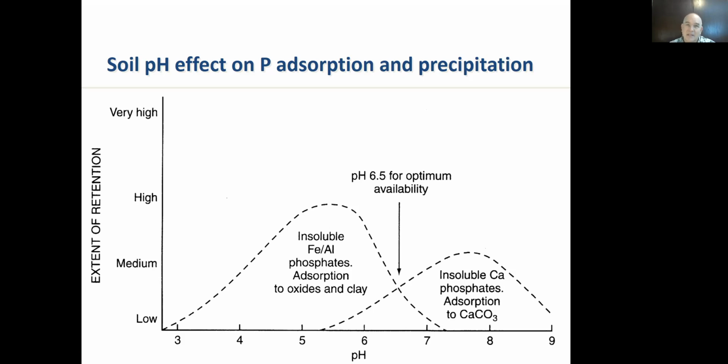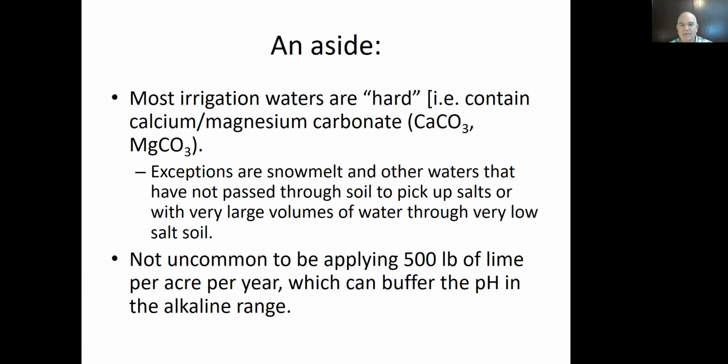And again, plants need to drink their nutrients. The phosphorus needs to be in the soil solution, and when it's in solid form as calcium phosphates, the plants can't get to it as easily. And on the other side, in the acid soils, we get iron and aluminum phosphates that form. So that's what happens pH chemistry wise.